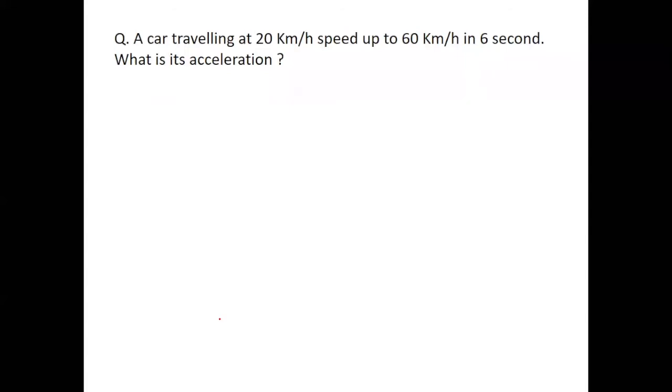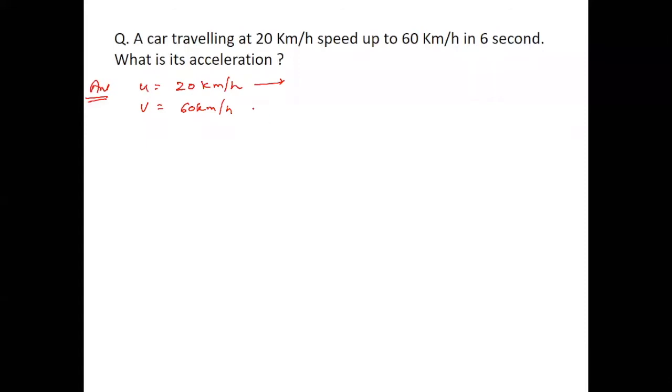So first, Mukund, I could not understand what you wrote. Okay. Next question. So first, u is 20 km per hour and v is 60 km per hour.